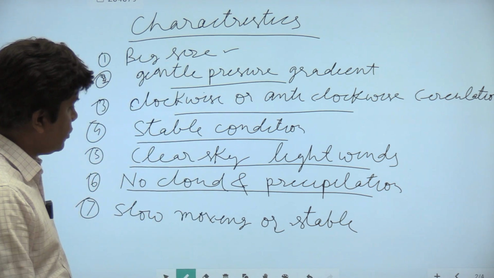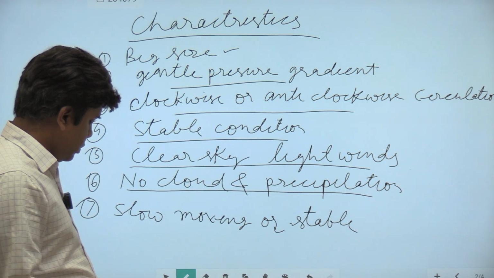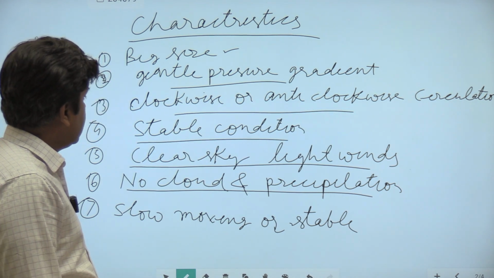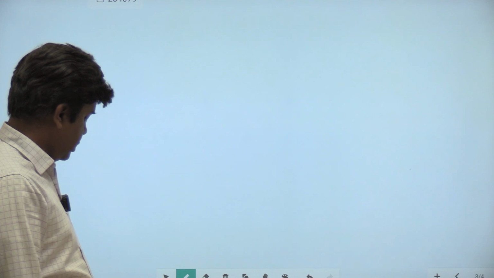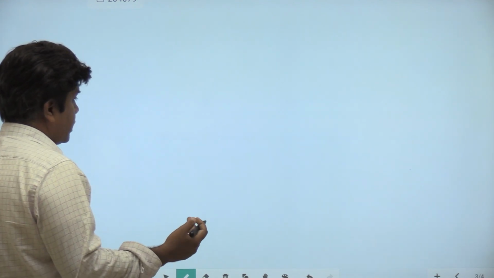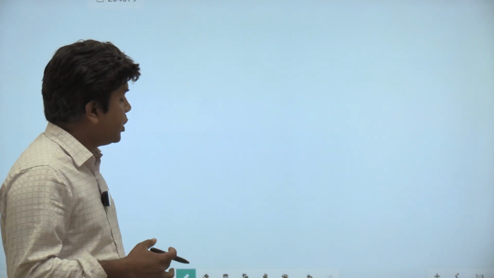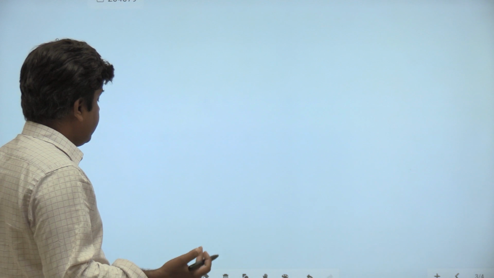Anticyclones are stable or very slow moving, because you may have seen that both tropical cyclones and temperate cyclones keep on moving from one place to another.